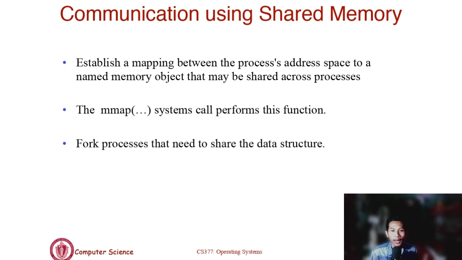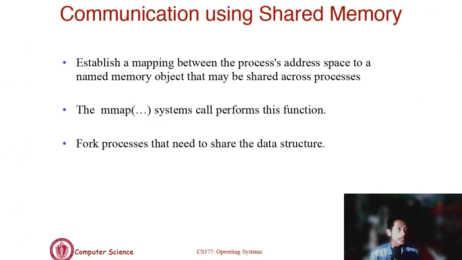Okay, processes that need to share the data structures contained in shared memory can be forked from a parent process. This allows multiple processes to access and manipulate the shared data, facilitating communication and collaboration.